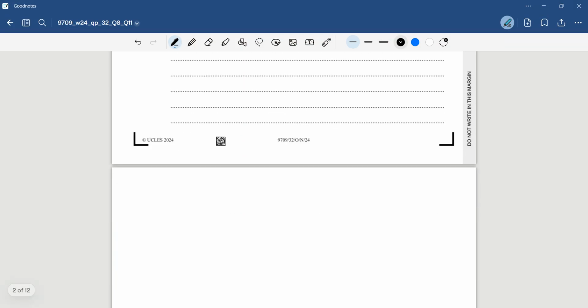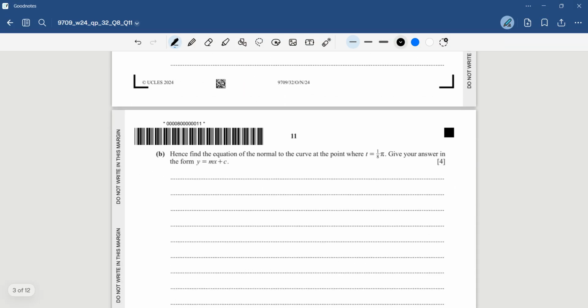Okay, now we move on to 8b. Hence, find the equation of the normal to the curve at the point t equals 1/8 pi. If I want to find the equation of a normal, there are three things I need: the x coordinate, the y coordinate, and also dy/dx.